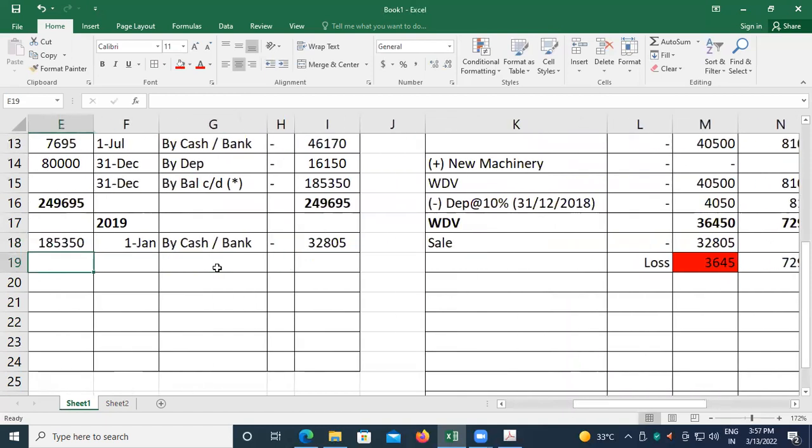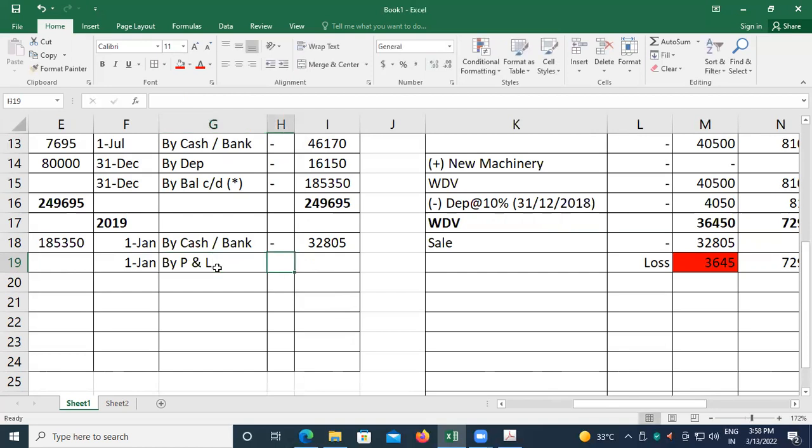Now what happened? When we sold this asset, we got the loss. That loss is also on the 1st January itself. So now when we are getting loss, what will come? Profit and loss account, or we can say by loss on sale of machinery. You have to sell and then check profit and loss.